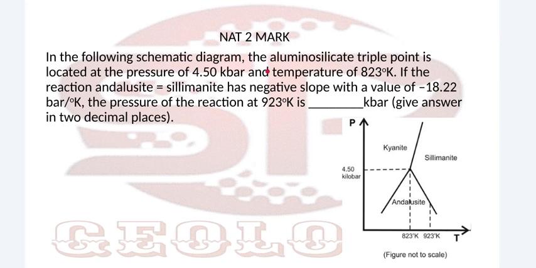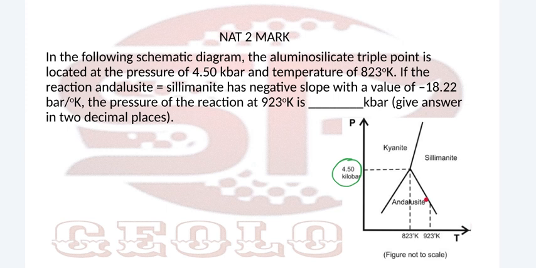Next comes the following schematic diagram. The aluminum silicate triple point is at 4.50 kilobar, and the temperature at this point is 823 Kelvin. A reaction is proceeding here where andalusite and sillimanite coexist with each other.